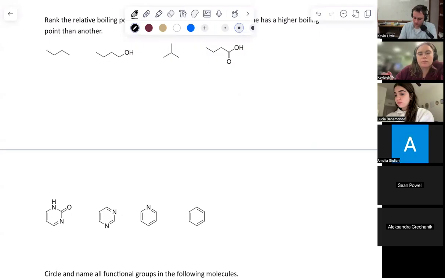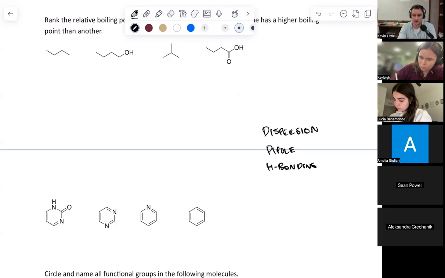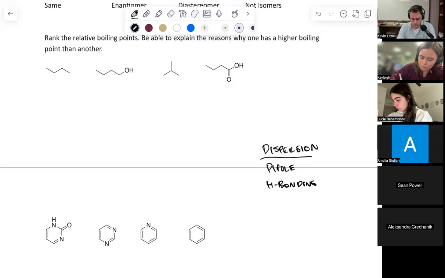Okay, so we can talk about dispersion forces, dipole-dipole, which is just polarity, and we can talk about hydrogen bonding. All of these effects are going to affect the boiling point. Dispersion forces have to do with size and stacking.